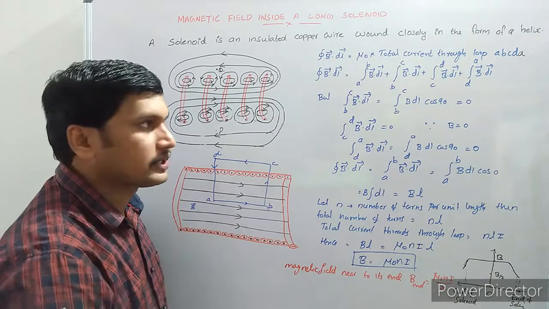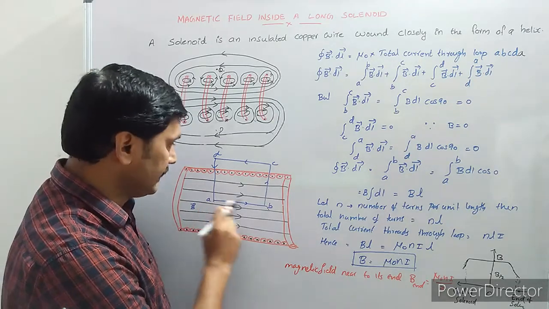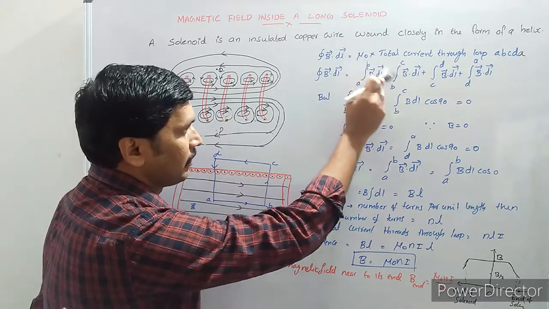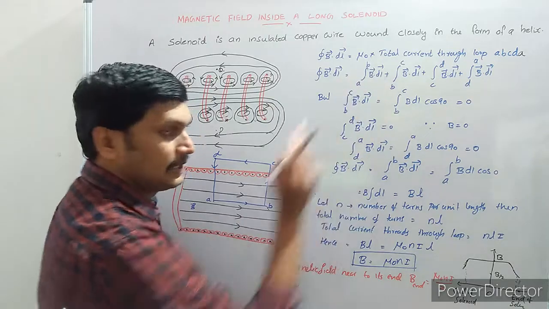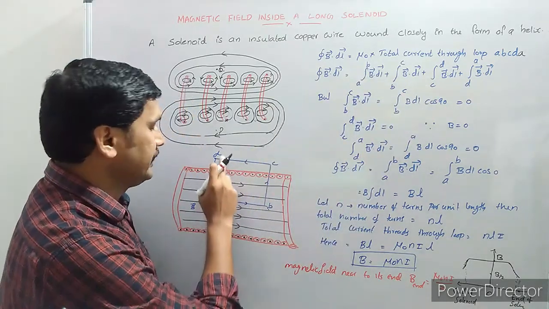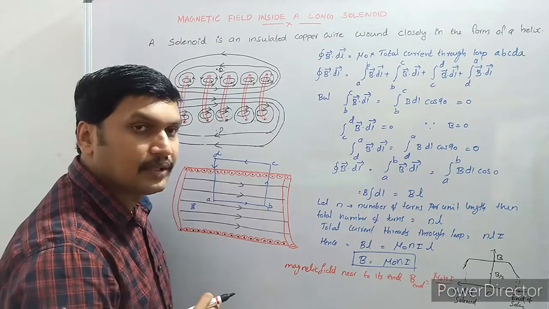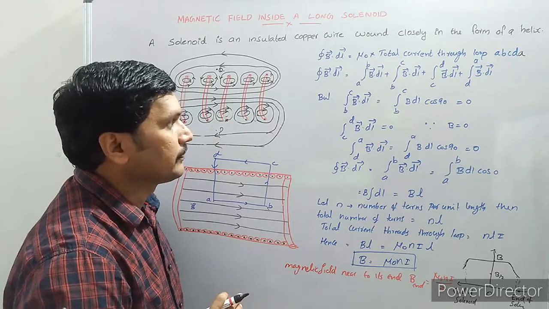Now we complete a closed path. Throughout this rectangle we are finding B dot dl.